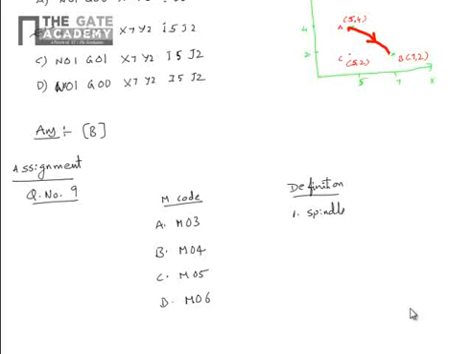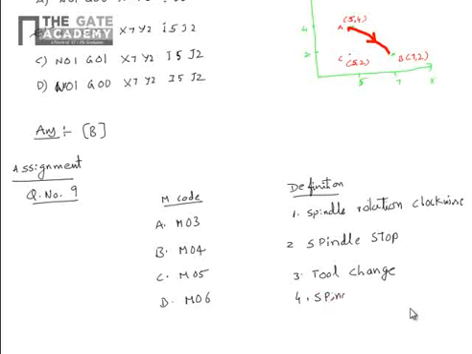The definitions are: 1, spindle rotation clockwise; 2, spindle stop; 3, tool change; 4, spindle rotation anti-clockwise.